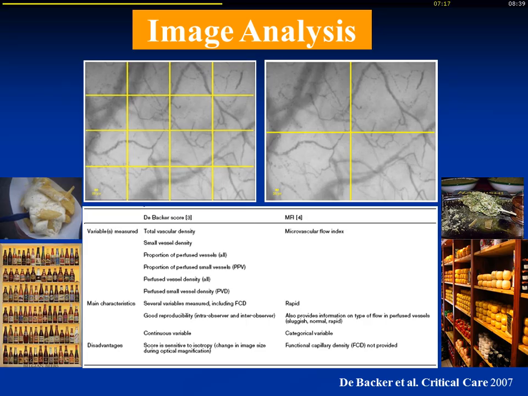But these techniques are a little bit limited by the fact that most of the possible analysis of images is based on semi-quantitative methods. We have some new software that looks quantitatively at the perfusion, but to obtain images to be analyzed is very difficult. They are liable to pressure artifacts.